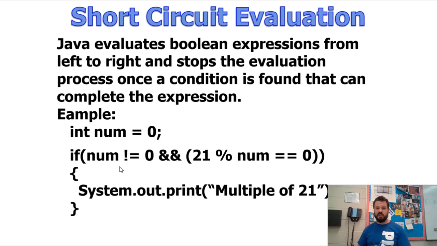But if we get the 0 right off the bat, Java's going to cut it short, and we don't need to worry about this piece crashing it. It's just going to say the whole thing's false and move on. So the big reason we want short circuit evaluation is that it helps us avoid errors in the second half of our Boolean logic.